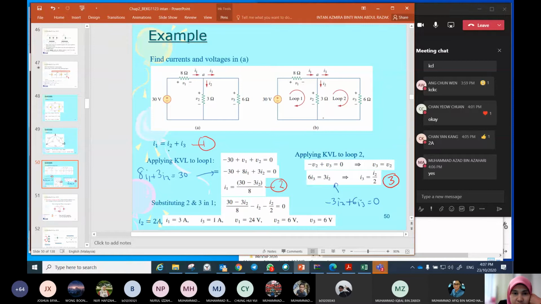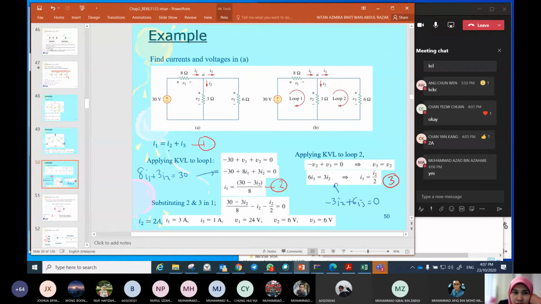Okay, the other equation, okay, this is the other. So you have 3 equations. This is the first equation, the second equation, this is the third equation.